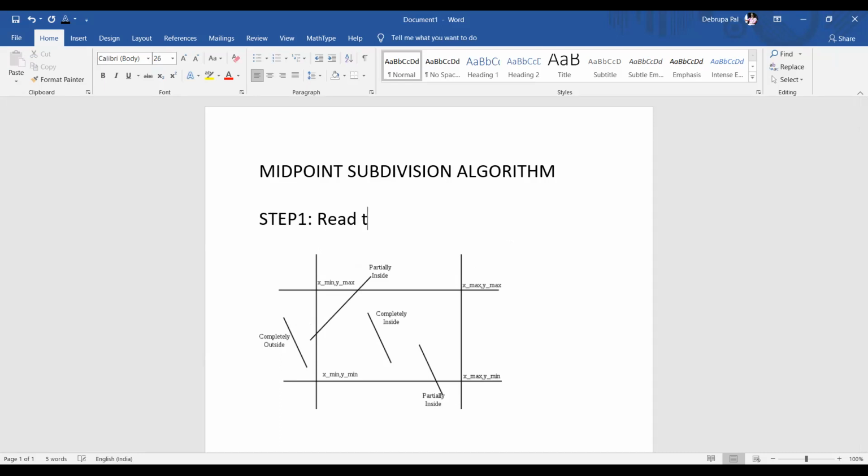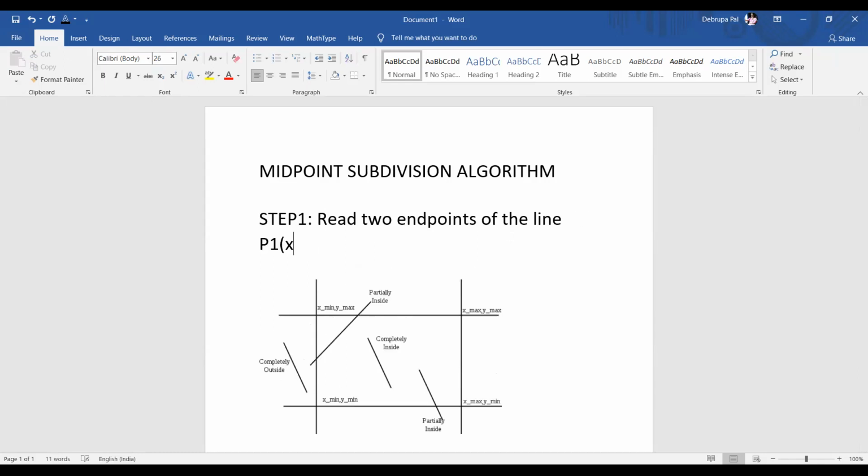Read two endpoints of the line, P1 (x1, y1) and P2 (x2, y2).